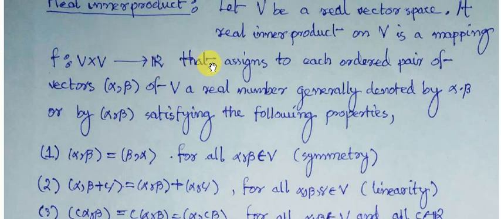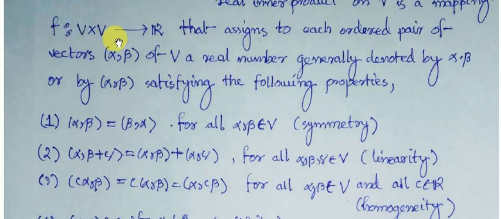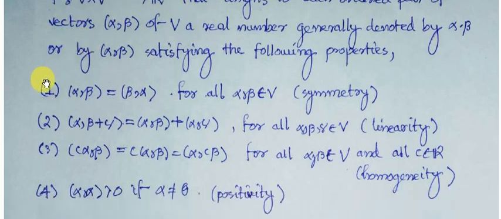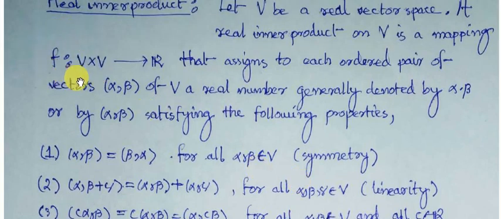If this function satisfies these four consecutive properties 1, 2, 3 and 4. Number 1 is a symmetry property, number 2 is a linearity property, number 3 is homogeneity property, and number 4 is positivity property. Then this function will be termed an inner product.